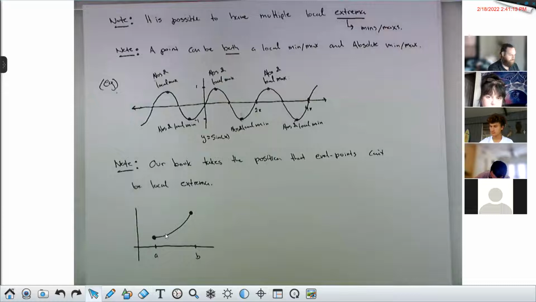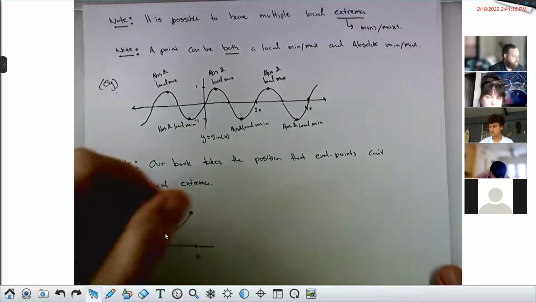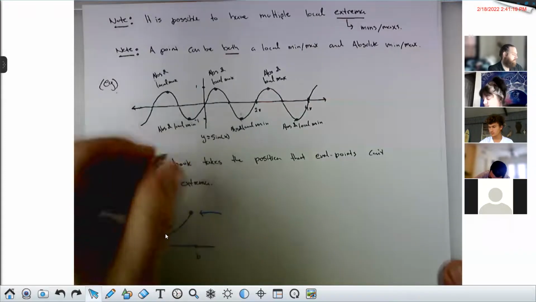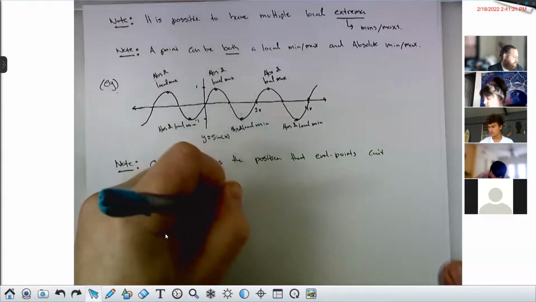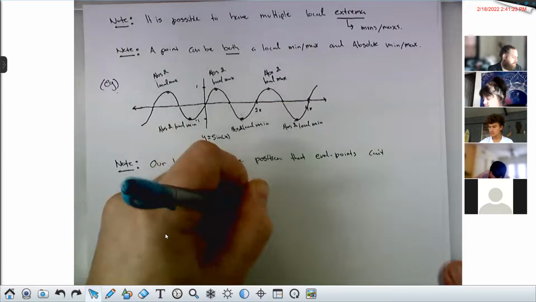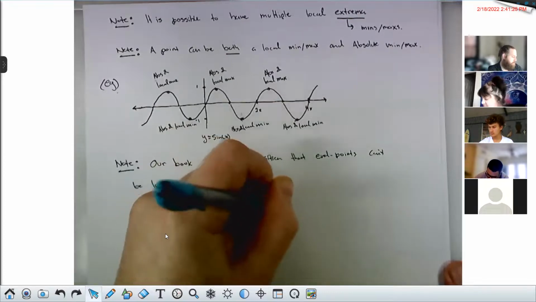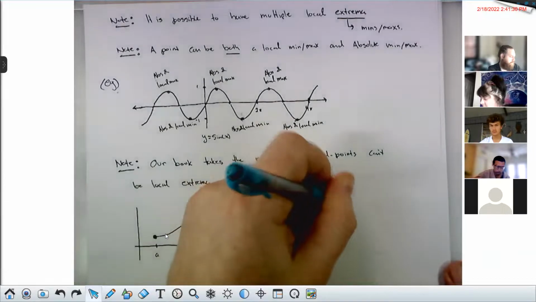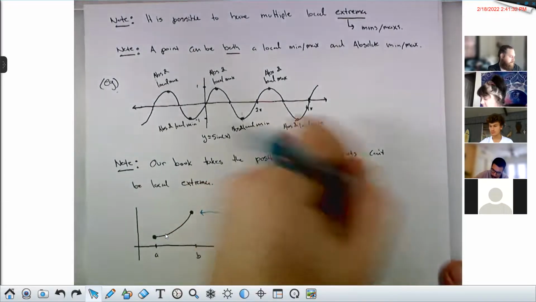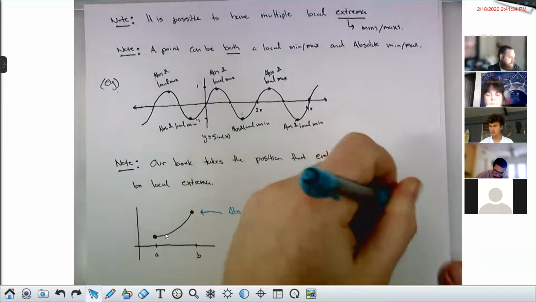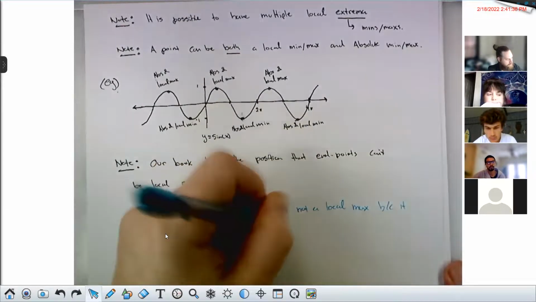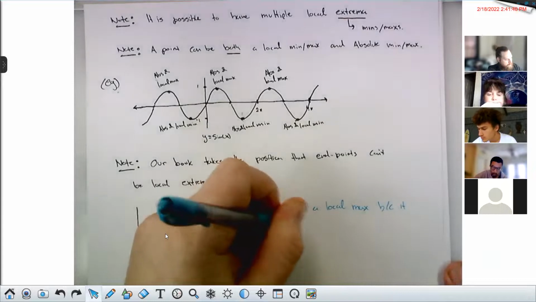So we would identify, I'll draw over here because this is easier, this would be an absolute max, but not a local max, because it is an endpoint.